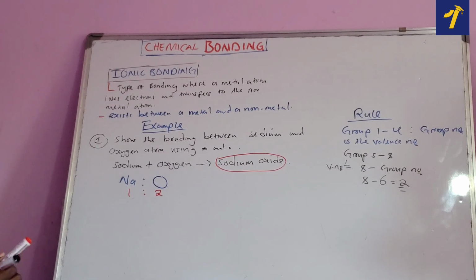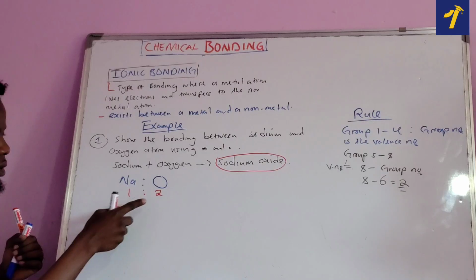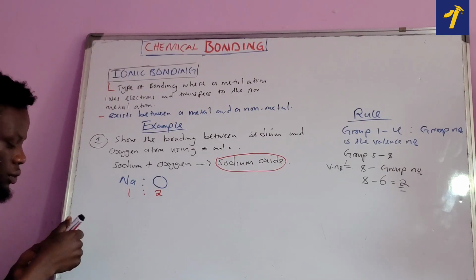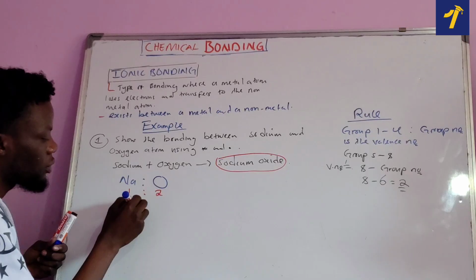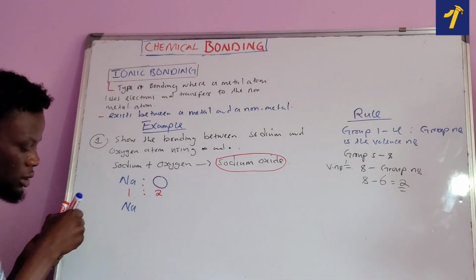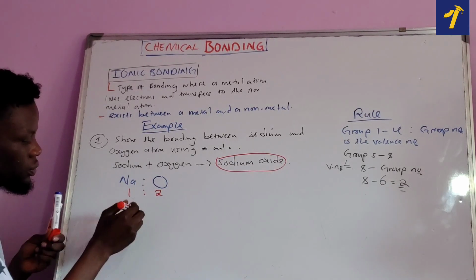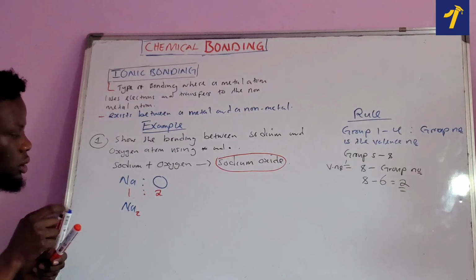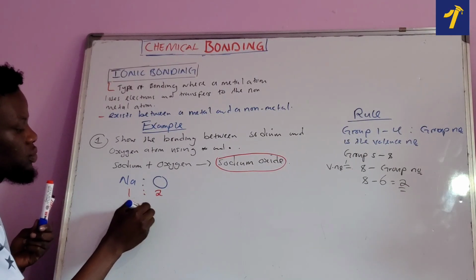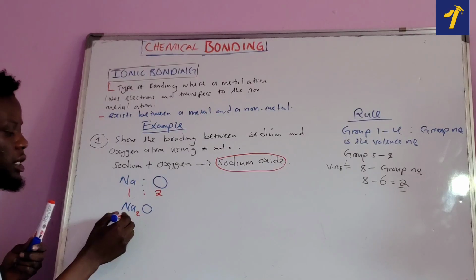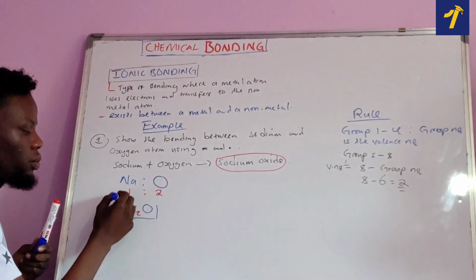You're going to cross multiply. So you're going to say this one times this one. You're going to get sodium 2. Then what about oxygen? 1 times oxygen, then it will be just oxygen. So this is the formula that we're going to use.